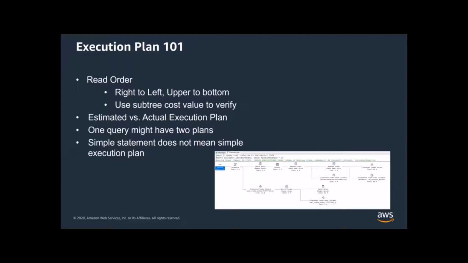What the nested loop means is that it has an inner loop and an outer loop, right? The outer loop is always on the bottom side, and the inner loop is above it. What happens is that they use the outer table to drive the inner table.